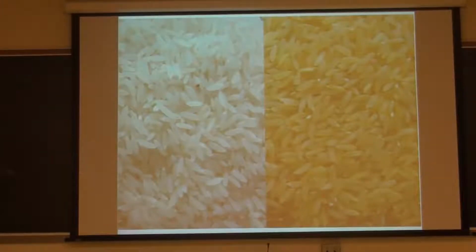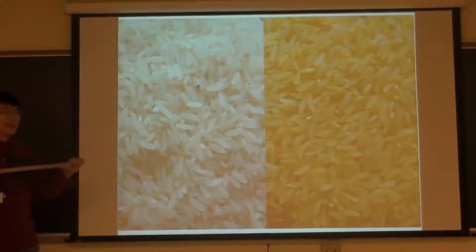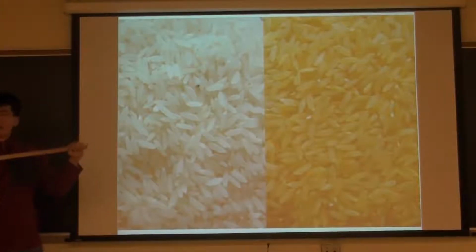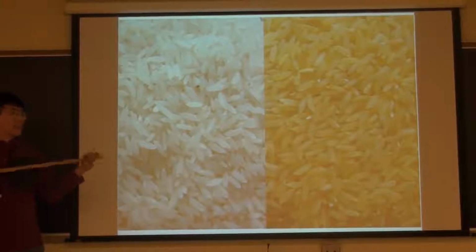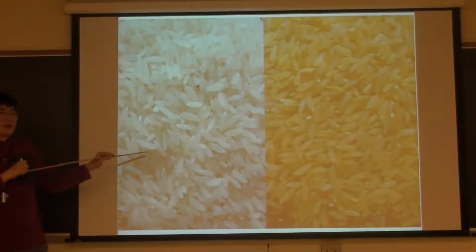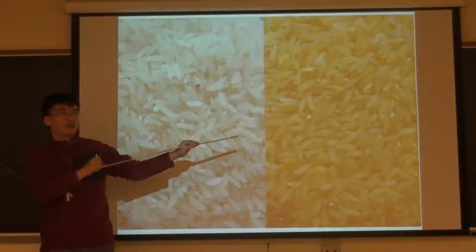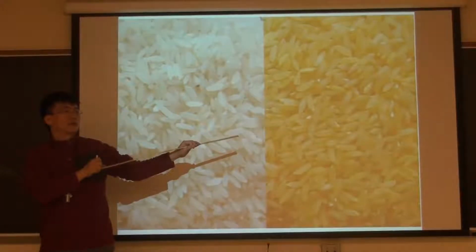Okay, what is this? White rice and golden rice. Oh, you have golden rice? I've heard of it. Does anyone else have golden rice? So this is the regular white rice, and this is GMO. What is GMO? Genetically modified organism.